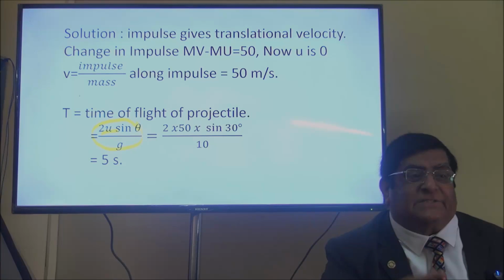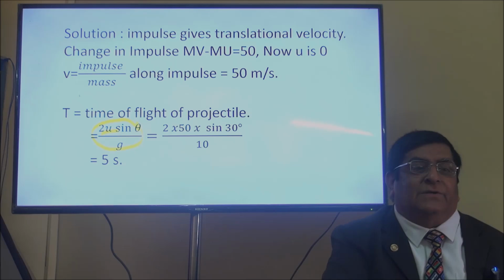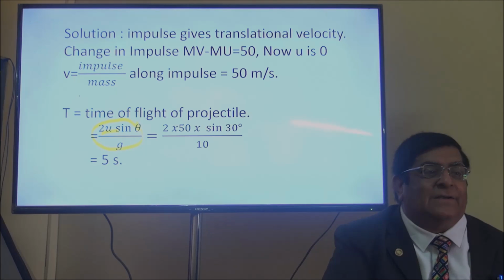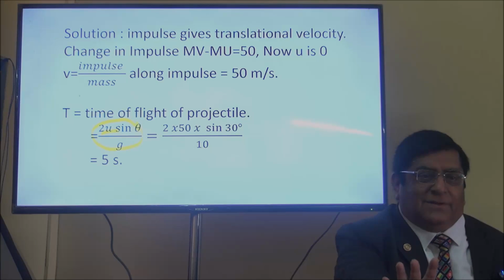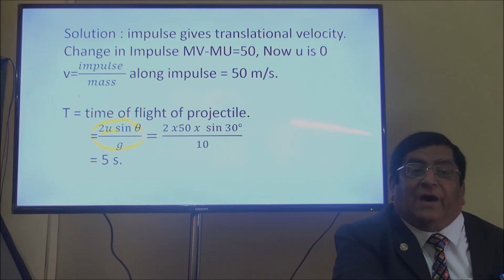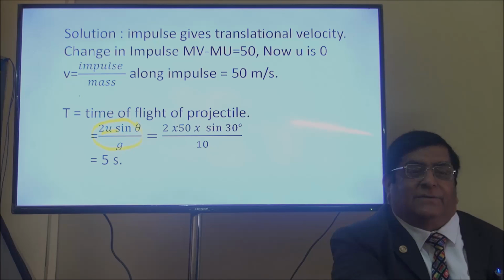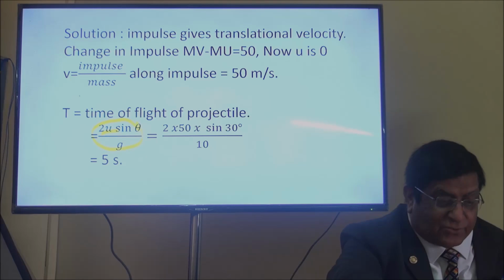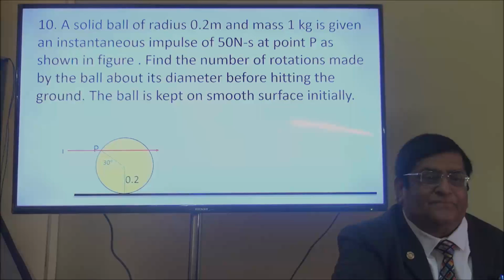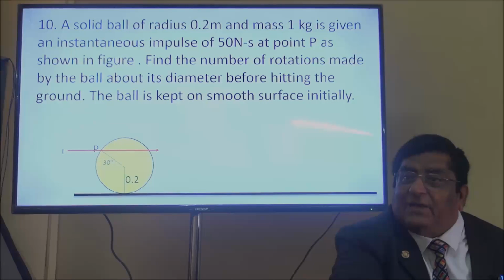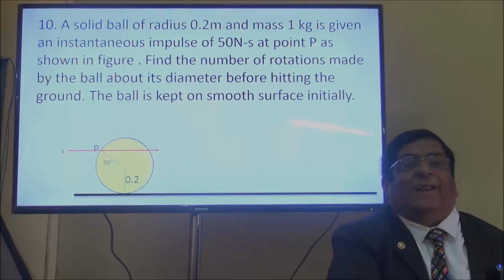But again, which data are required? U and sine theta. You know theta. What you need now is u, the velocity. Please come back to the question. Where is velocity here? Velocity is there. Very good.